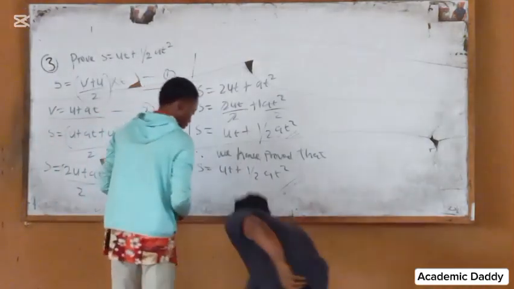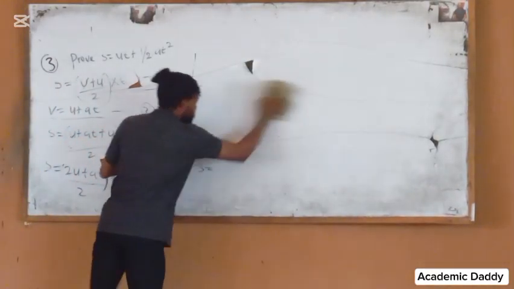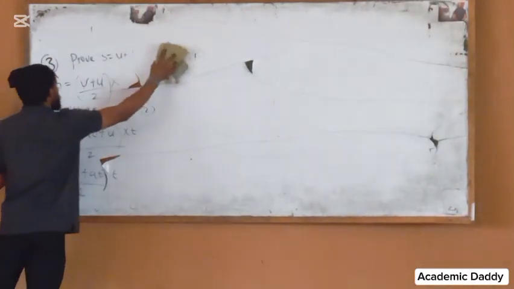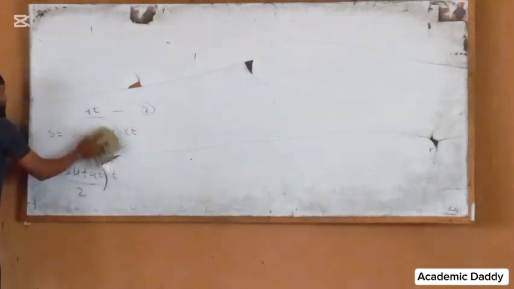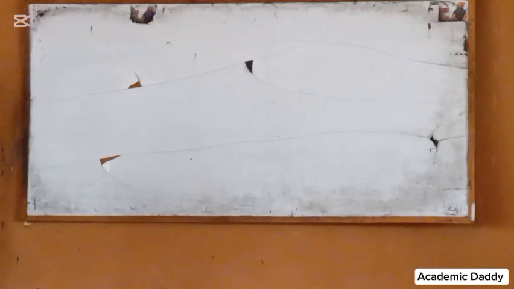So we've derived today, so that you don't derive again for us. What you are not doing for us is to prove that S can be equal to UT plus half AT square.